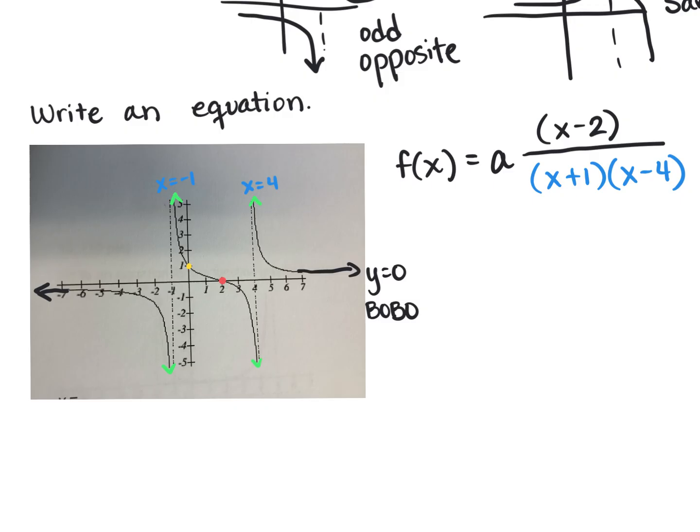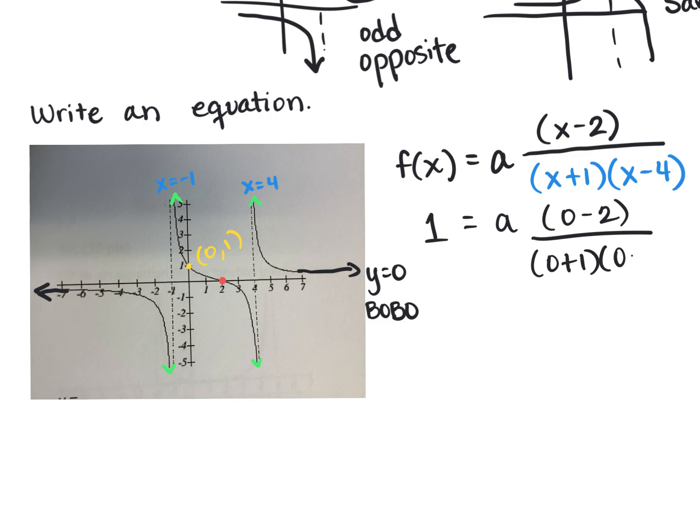So now I'm going to determine what a is by using the ordered pair point (0, 1), right here, my y-intercept. So I'm going to plug a 1 in where my y is. And I'm going to plug zeros in where all my x's are. So I got 0 minus 2. And then I've got 0 plus 1.